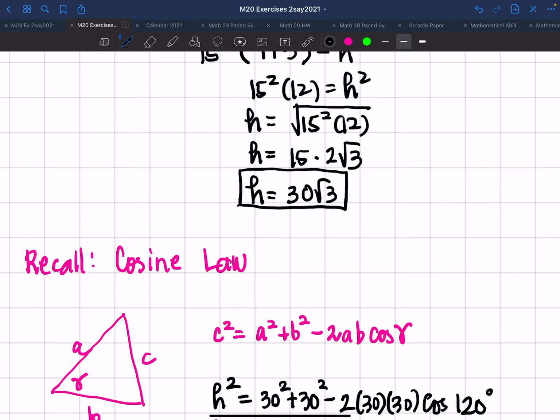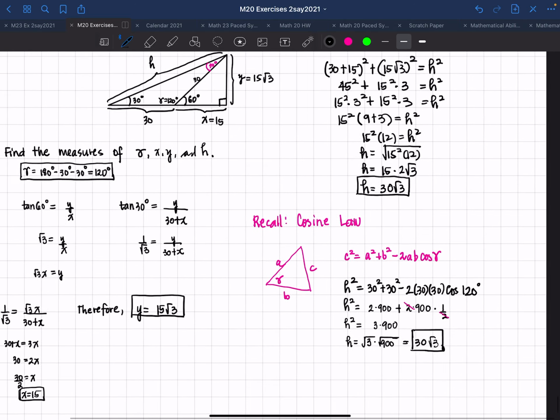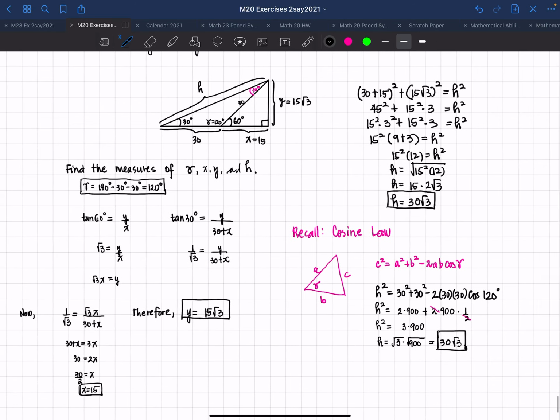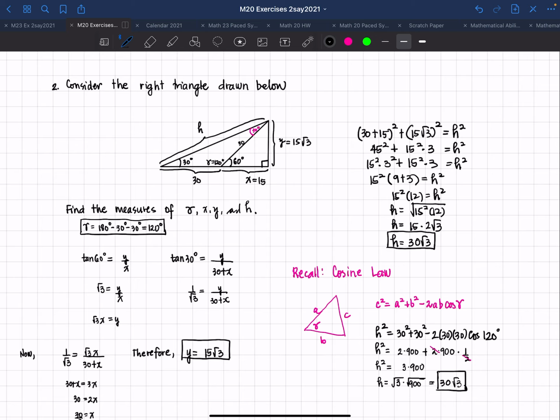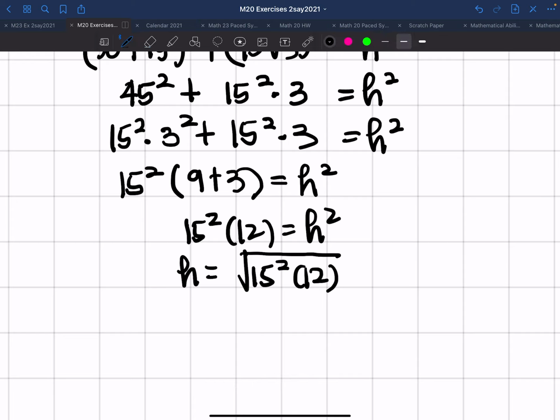Okay, may questions dito? Therefore, h is equal to square root ng 15 squared ay 15. Square root ng 12 is 2 square root of 3. So, h is 30 square root of 3.